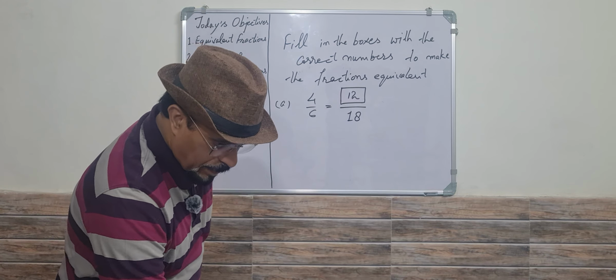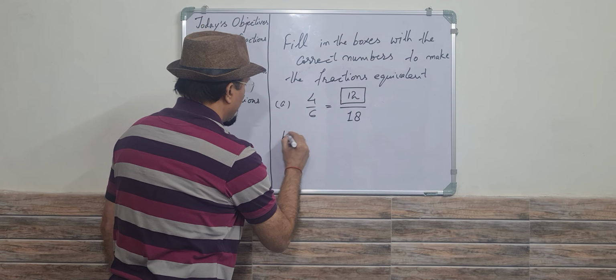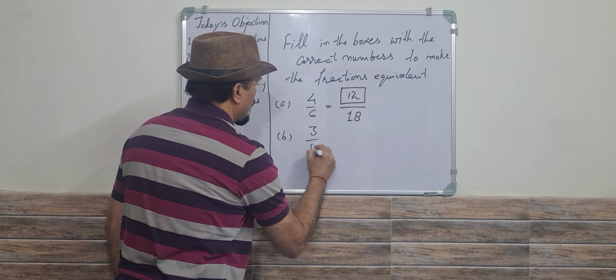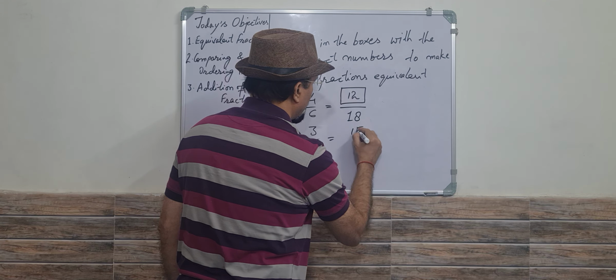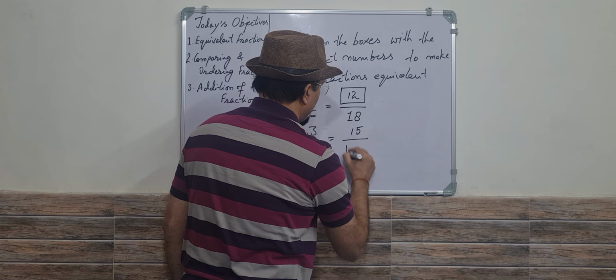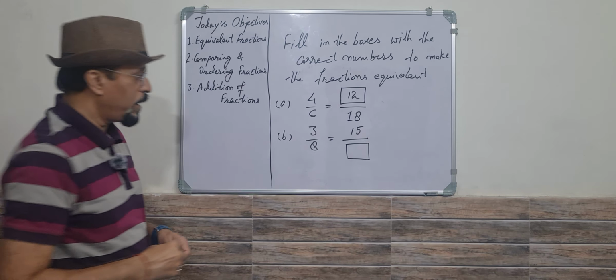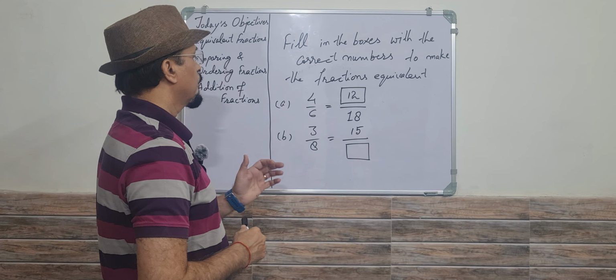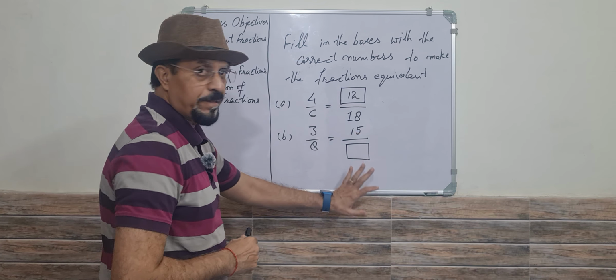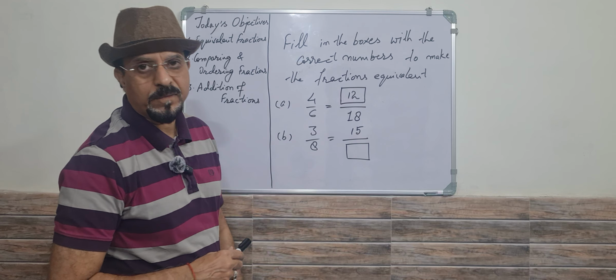Right? And supposing I take part B, 3 by 8 equal to box by 15. Now what should be the value written here so that this fraction becomes an equivalent fraction of this fraction?